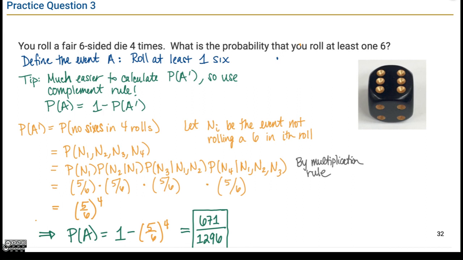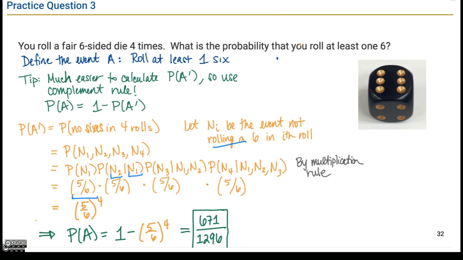And so what's the probability of getting no sixes in 4 rolls? I'm doing this again in terms of repeated trials. Do I know what has to happen on the first trial? Yes, I can't roll a six. And so I have a 5/6 chance of that happening. And then I can say, what's the probability of not getting a six on the second roll, given that I didn't get a six on the first roll?